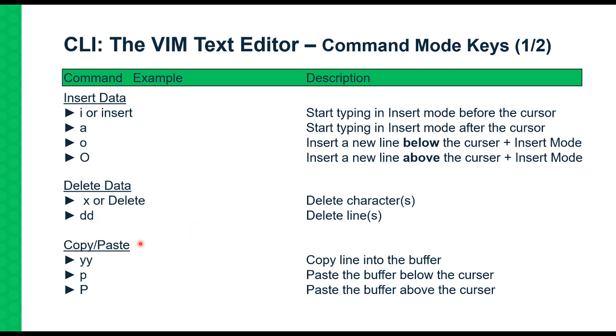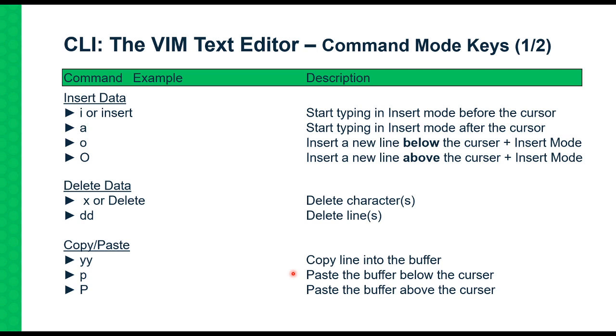Should you wish to copy and paste, then we can use the YY to copy a specific line which the cursor is on, the complete line, into the buffer. Then to paste the data, we use the P button. Now the P button will paste a new line under the cursor.